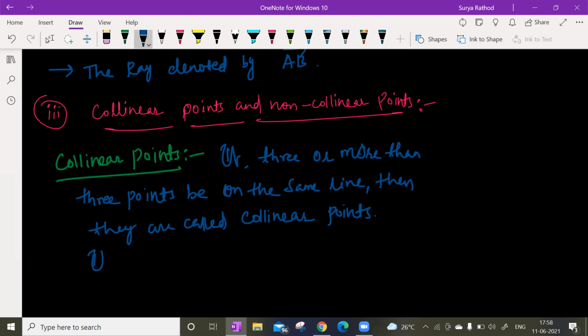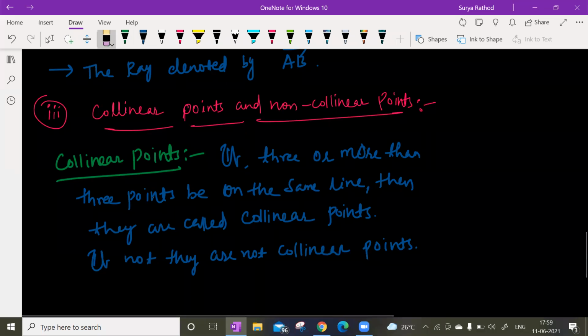If not, they are not collinear points. If they are not collinear, it means non-collinear.